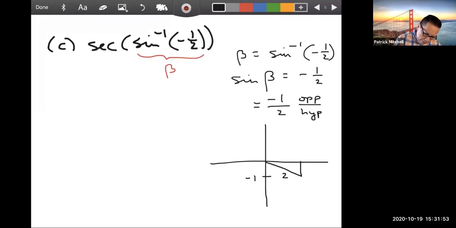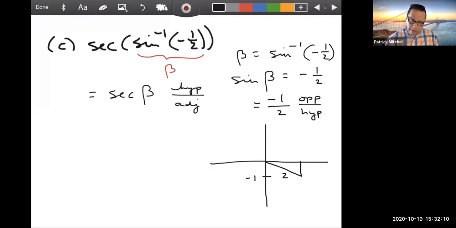All right, so let's see. We're looking for the secant of beta. Cosine is adjacent over hypotenuse, which means secant is going to be hypotenuse over adjacent. So once again, we need the adjacent, which I'll put right there.